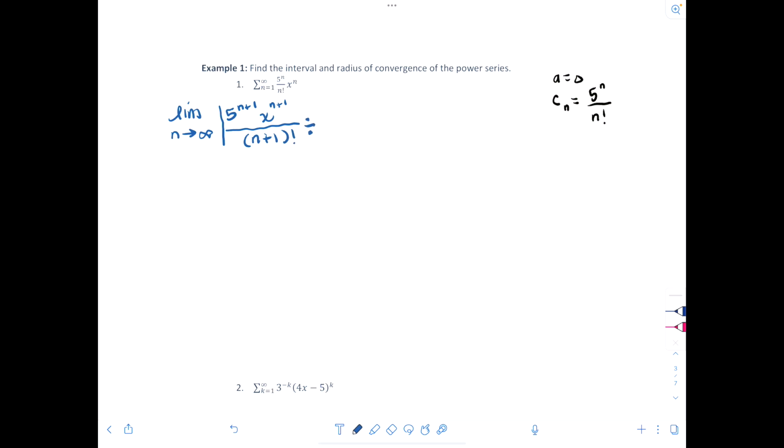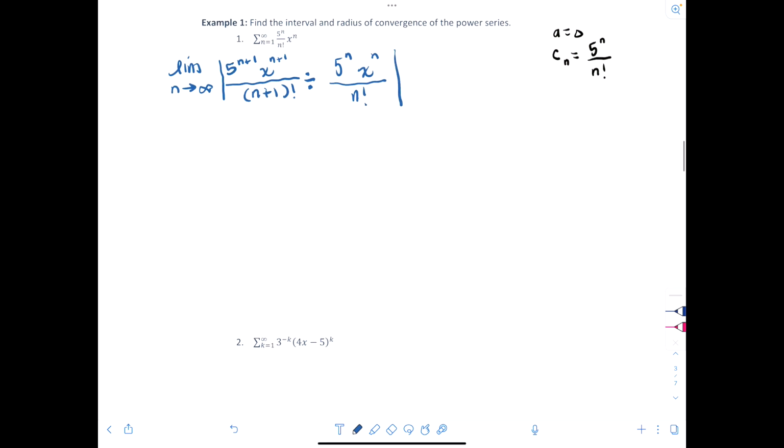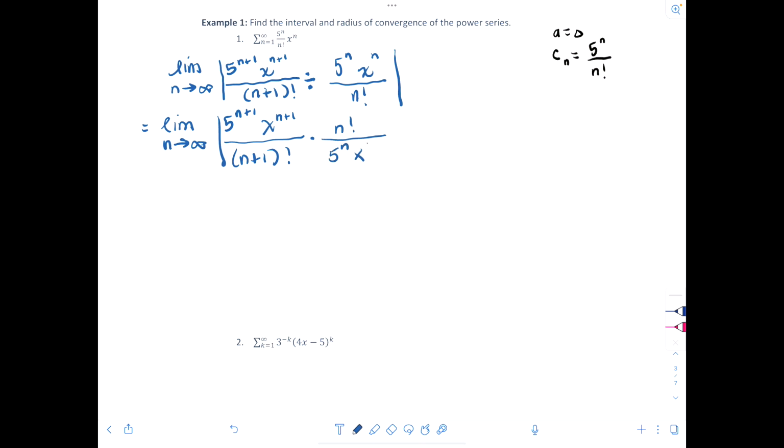This will be divided by 5 to the n times x to the n over n factorial. Now we can multiply by the reciprocal, so we'll get the limit as n approaches infinity of 5 to the n plus 1 times x to the n plus 1 over n plus 1 factorial times n factorial over 5 to the n times x to the n.